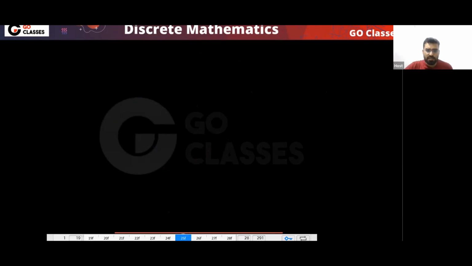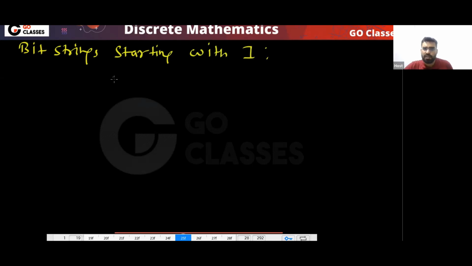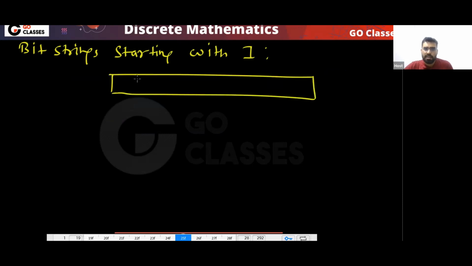Now, starting with 1, how many such bit strings do we have? Your 8 length bit string should start with 1, so you put 1 here. Now there is no choice, there is only one choice here.